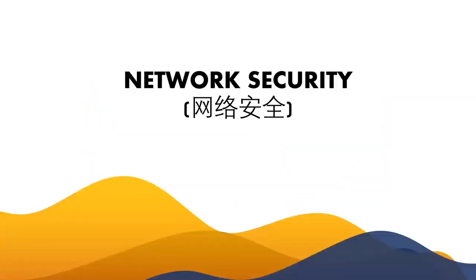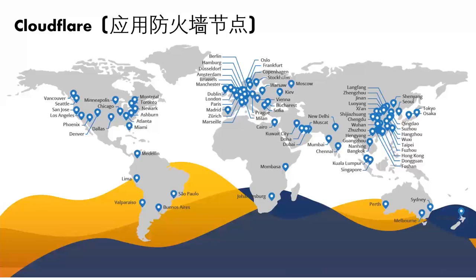So let's talk about network security. We actually run Cloudflare, and Cloudflare itself has all of these nodes or data centers in the network that do all the CDN and acceleration.